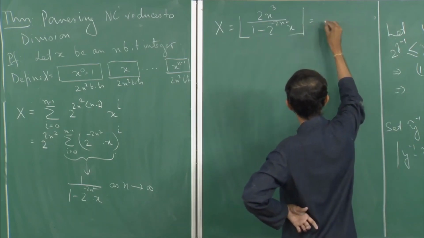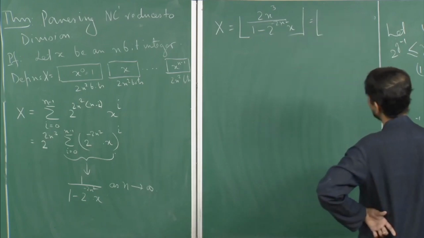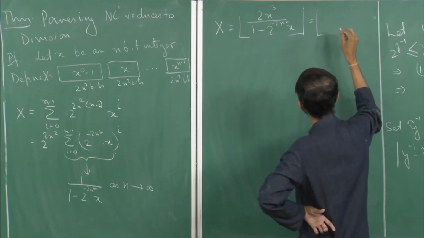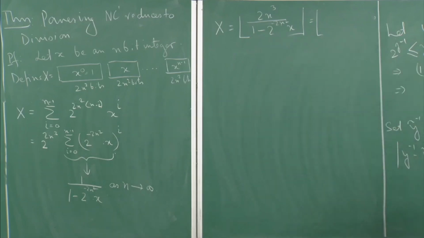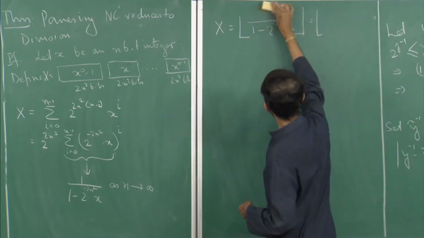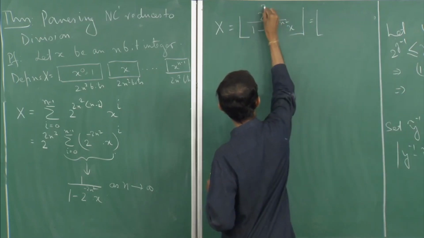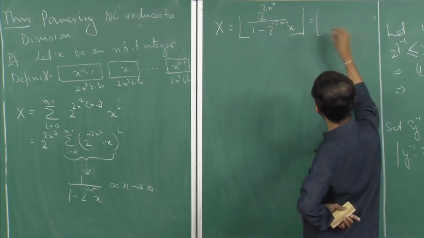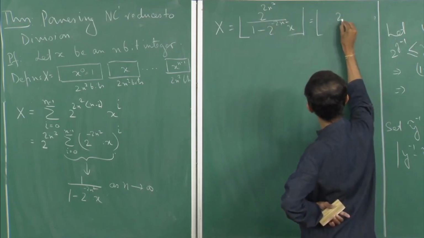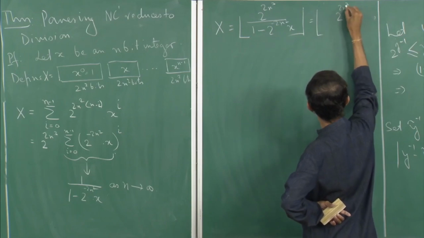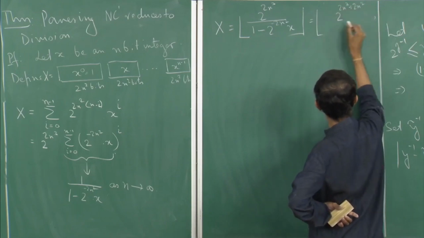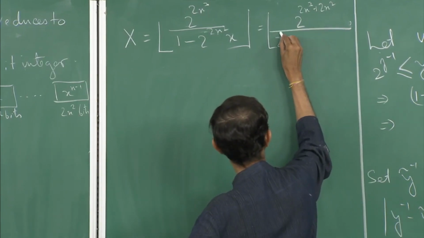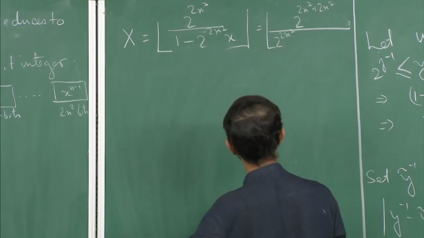I just multiply both numerator and denominator with 2 to the power 2n square. This is not 2n cube, this is 2 to the power 2n cube. So I will get 2 to the power 2n cube plus 2n square divided by 2 to the power 2n square minus x.